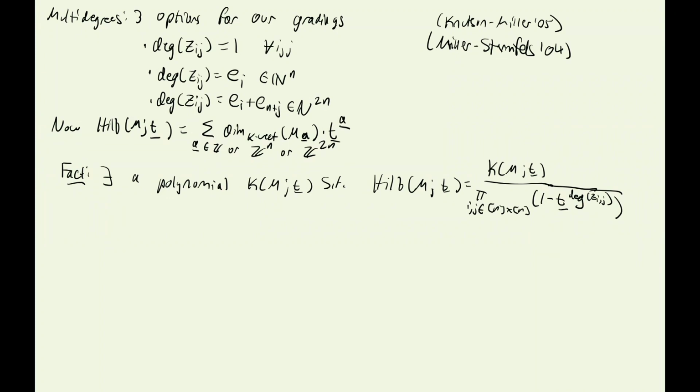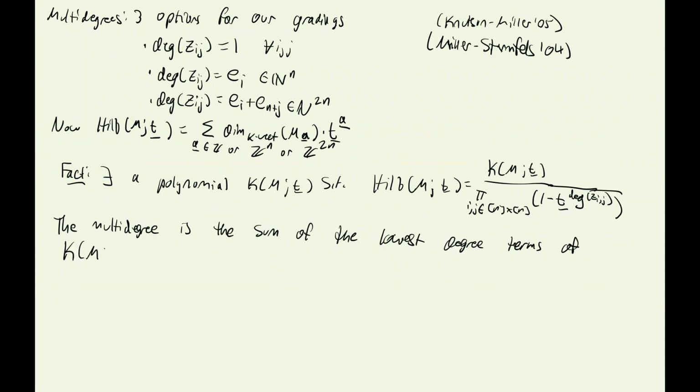Okay, so here's the thing that we will work with a little bit more. The multidegree is the sum of the lowest degree terms of this change of variables, or this twist.